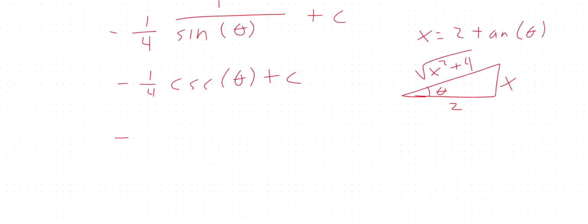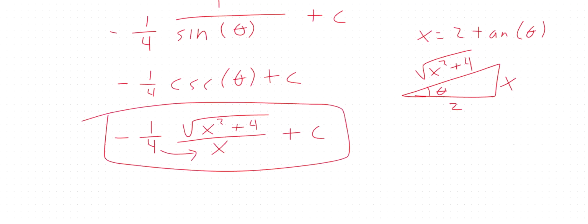So cosecant is hypotenuse over opposite. And then if you want, you can just bring that 4 to the bottom. But we have our setup.